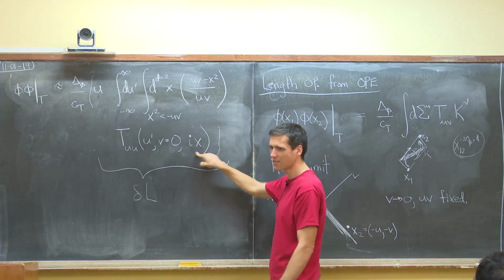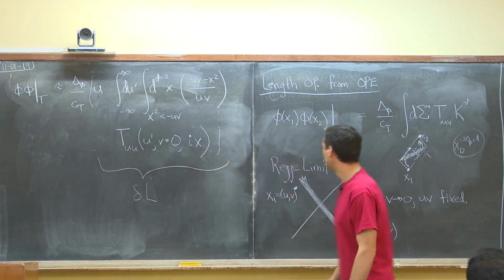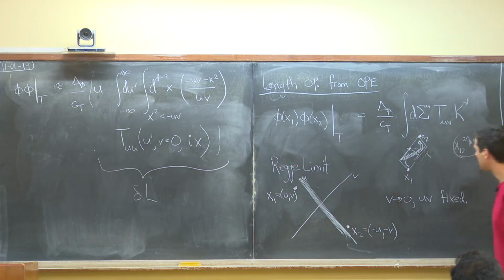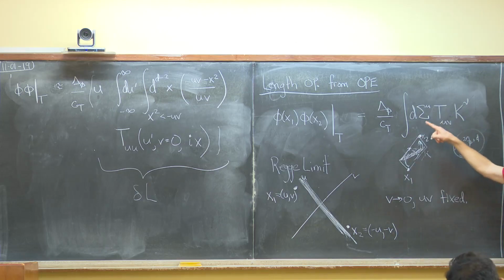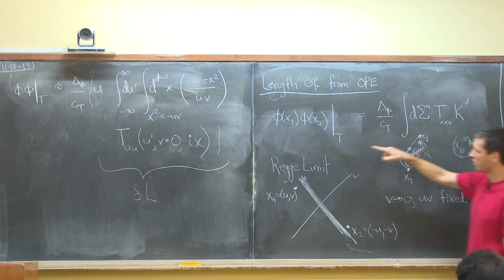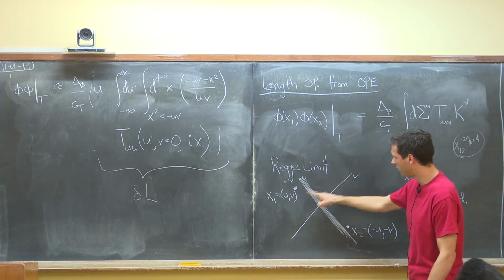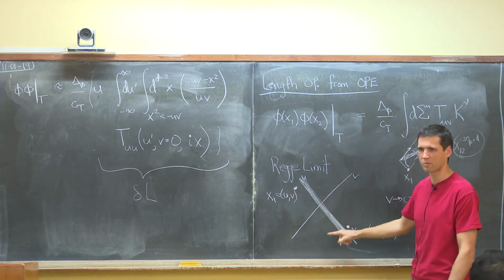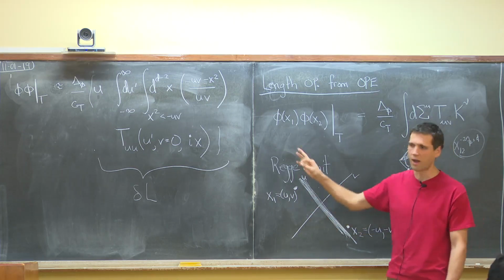This is a bit of a strange factor. This is an ix here, and the reason for that is that, if we go back to here, the way that you get nice OPEs like this one is with time-like separated points, and we're now talking about these points approaching from a space-like separated direction, and that's where that i came from.